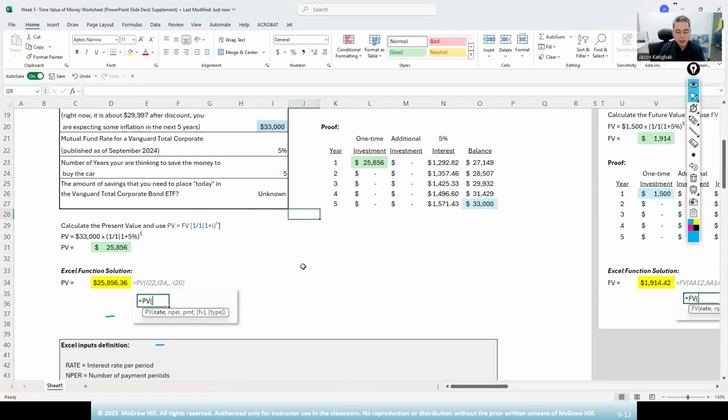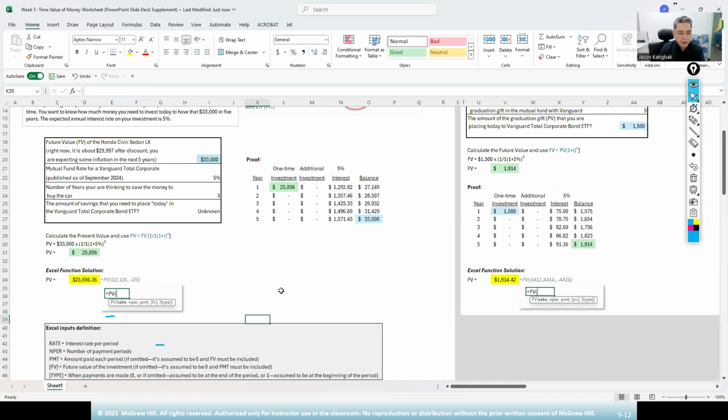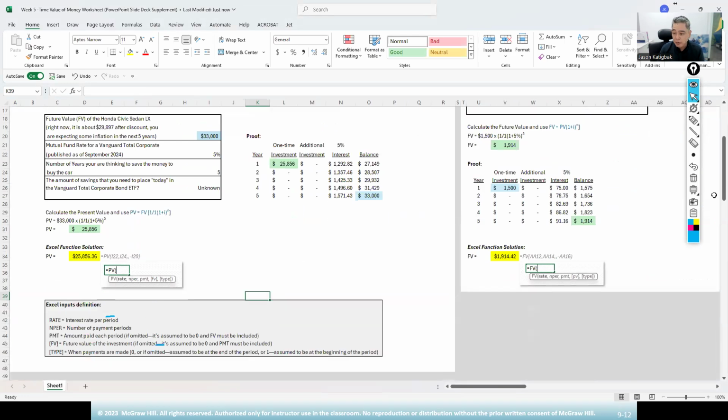I'm going to move it a bit, guys. Bear with me if I make it a bit smaller, because now I want to show you the meaning of each part of the Excel formula here.